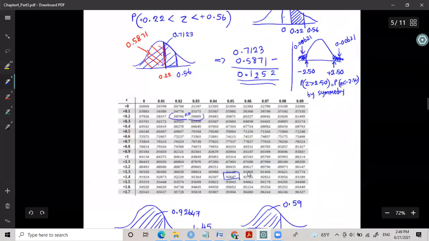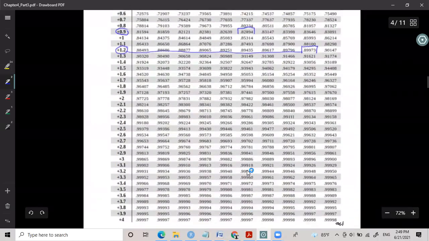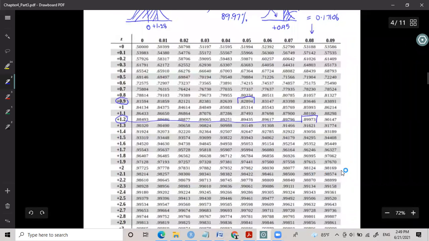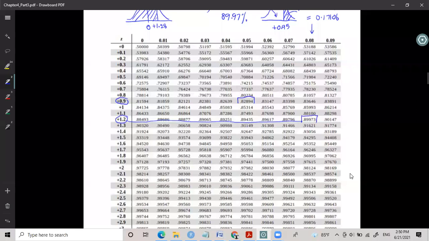Right, so I'll give you the table. You find the value closer to 0.8, the Z score closer to the 0.8 probability.